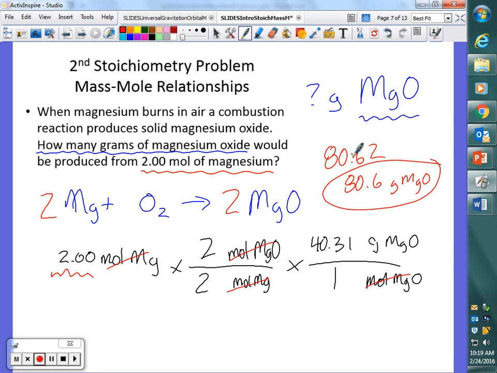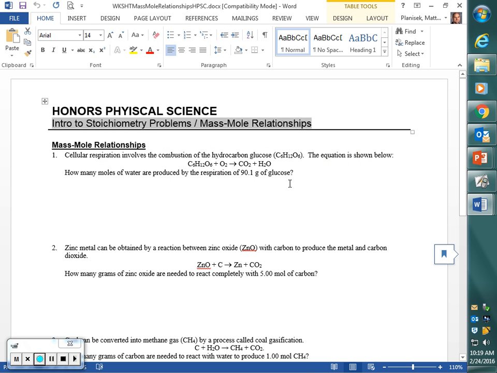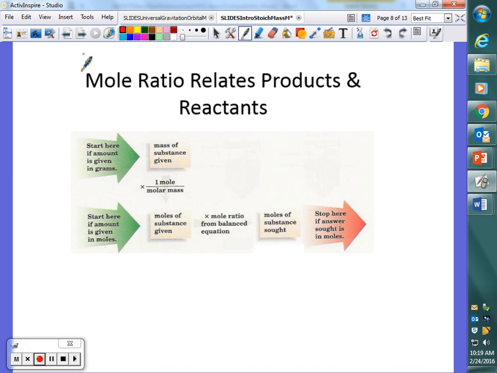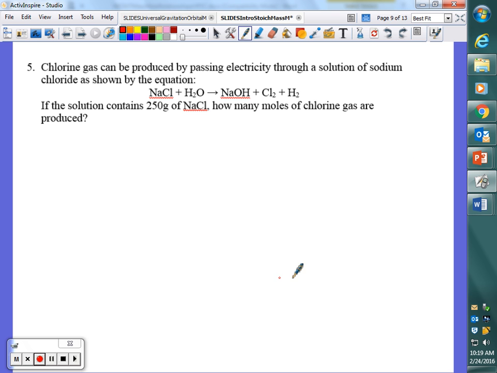Yep. The sheet that I gave you today, mass mole relationships. Mass mole relationships. Okay. Looks like this. Let's take a look at number 5 down at the bottom.